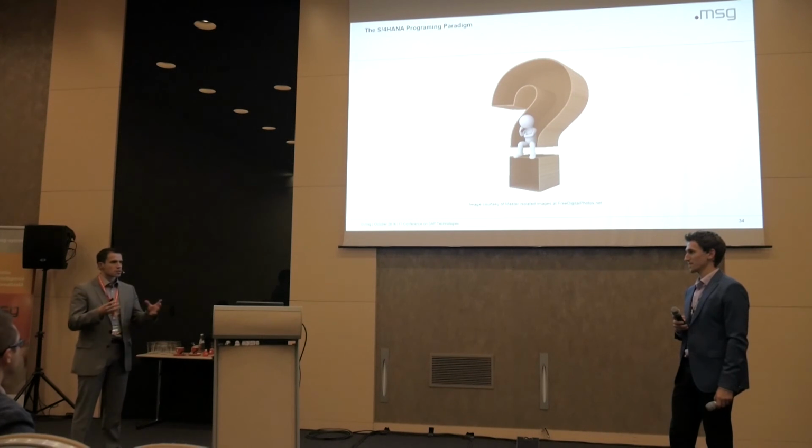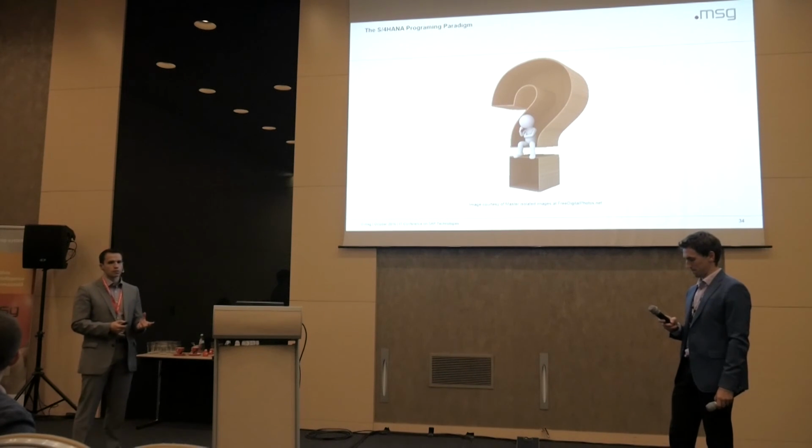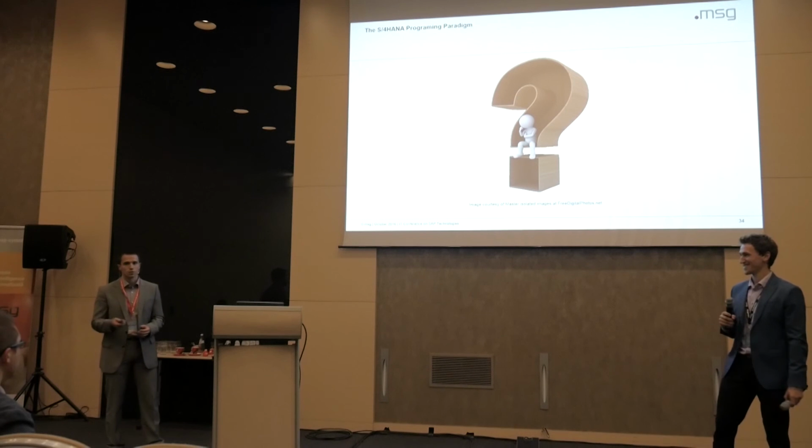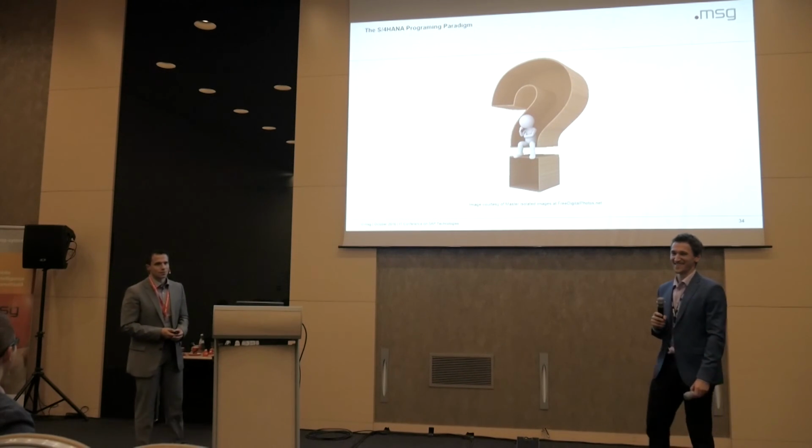So it's not either this or that, but a complementary situation where you can use this one to extend the other one. But for the S4 core, it's really ABAP. Again, no matter what these other guys tell you in the next 2 hours, it's ABAP.